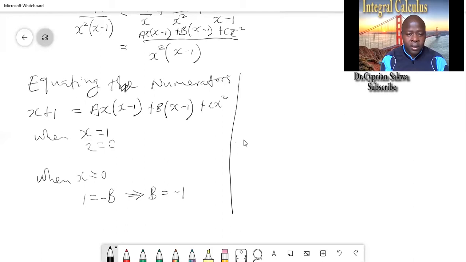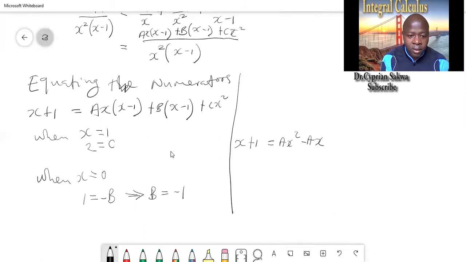On our left side, x plus 1, and then the right side, I have ax squared minus ax plus bx, but b is negative 1, so I use it straight away.